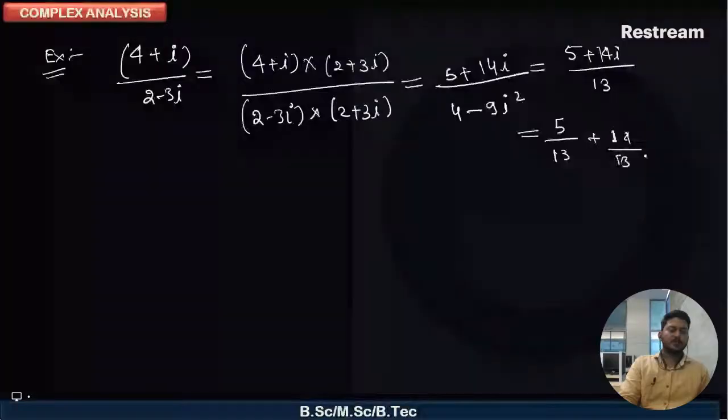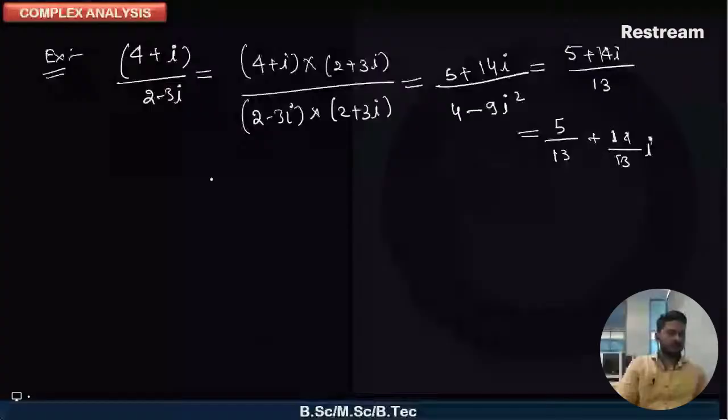Now, to find the quotient, it follows like this. So basically z1 upon z2 is written like that, and z2 is not equal to 0.